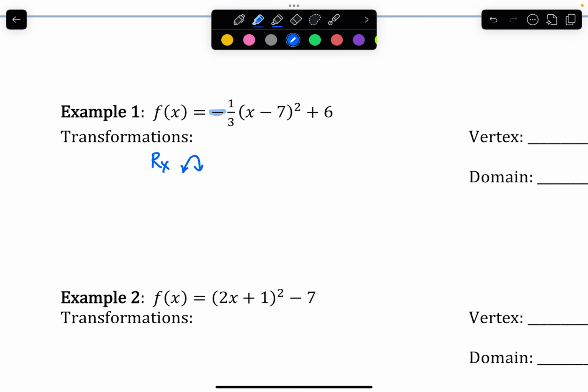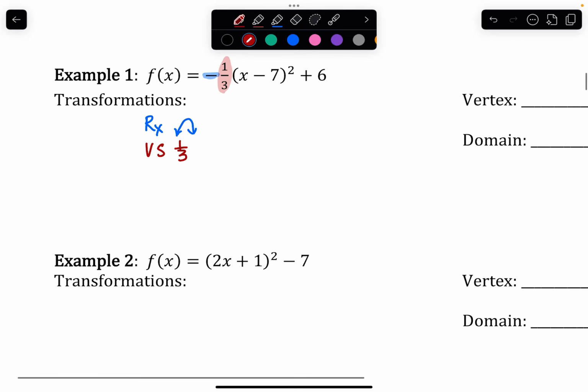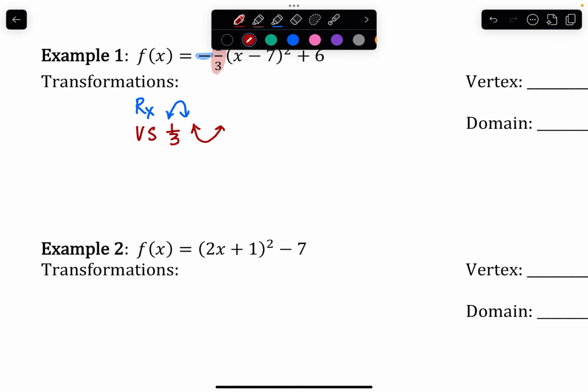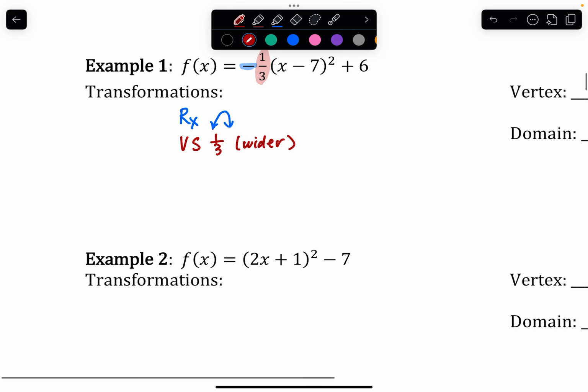Next, we have a 1/3 in front. That is going to be our vertical stretch by 1/3. And you can just write VS 1/3. Okay, and so we know it's going to be wider because it's shorter. Think of vertically compressing a rubber band. So if you want to just put wider in parentheses, you don't even have to write that. I just want you kind of visualizing what the graph would look like.